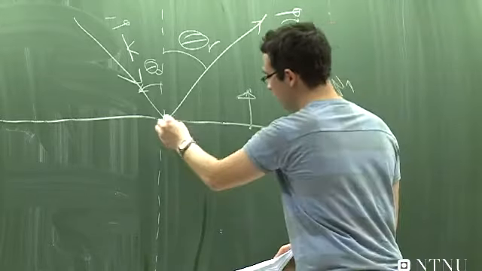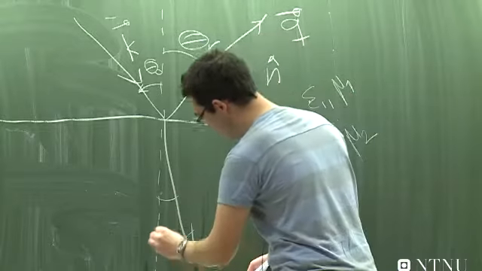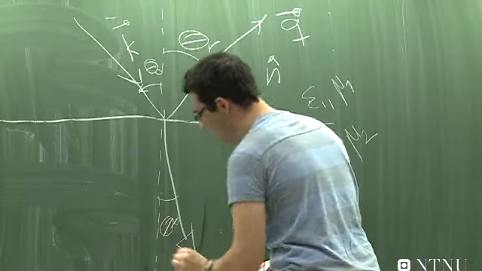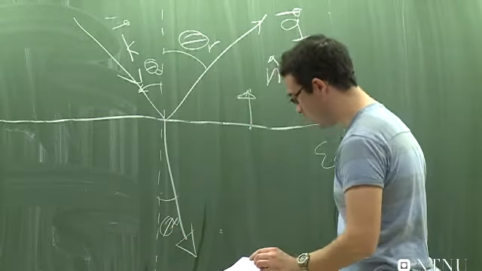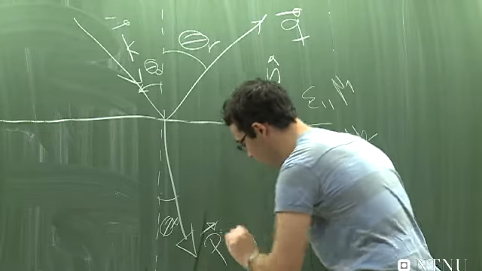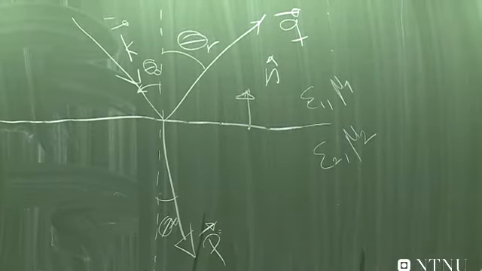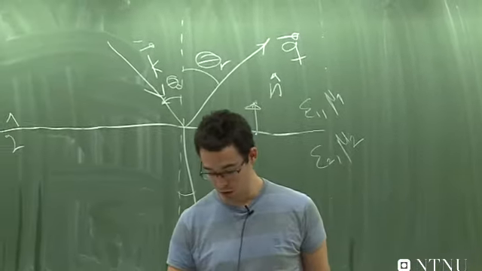And into the material we have a different angle, theta t, t for transmission, and a wave vector called p, like this.